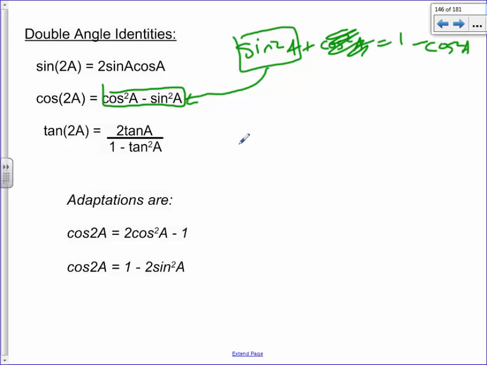What ends up happening is you have cosine squared minus 1, and then a minus cosine, which really means you're adding an extra cosine. That's where this one came from, where you have 2 cosines, because you have this cosine right here and this cosine right here. And then you have a minus 1.